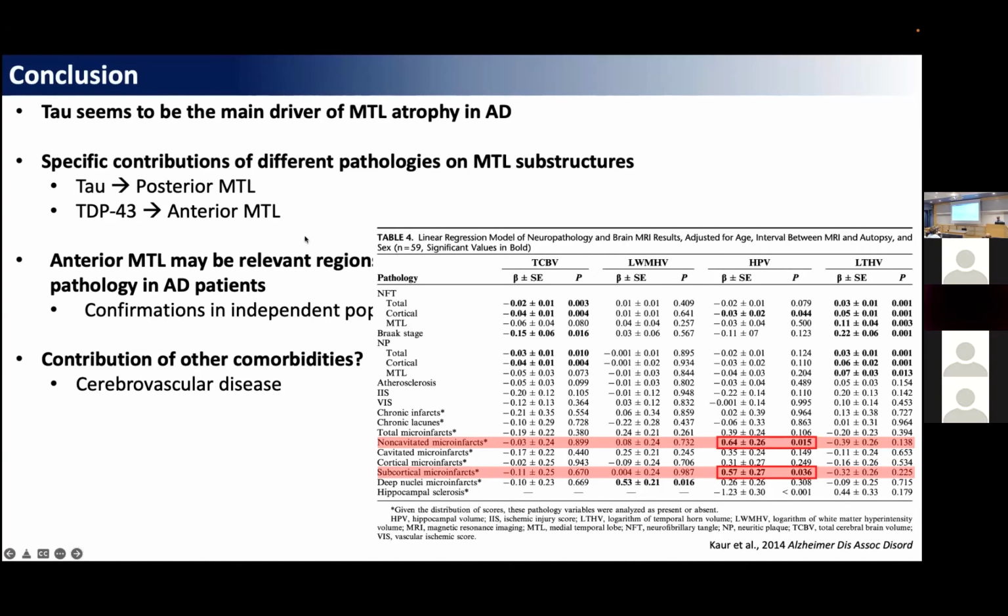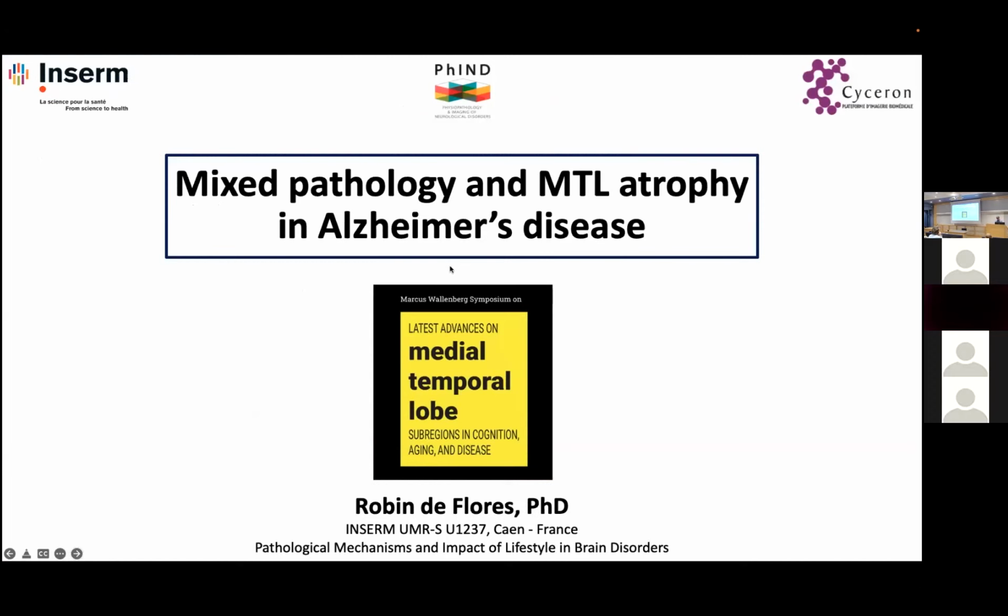And there's also probably a contribution of other comorbidities, such as cerebrovascular disease, since we know that, for example, microinfarcts are associated with the volume of the hippocampus. So the story is not complete yet, and we have a lot of different aspects to take into account to really understand the nature of MTL atrophy in AD. So yeah, that's it.